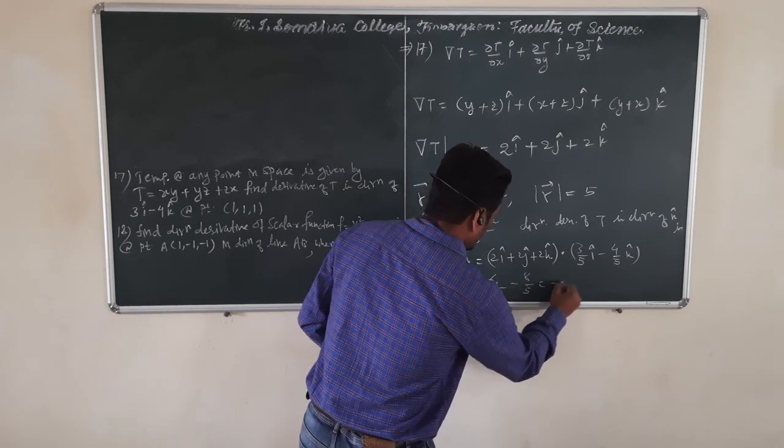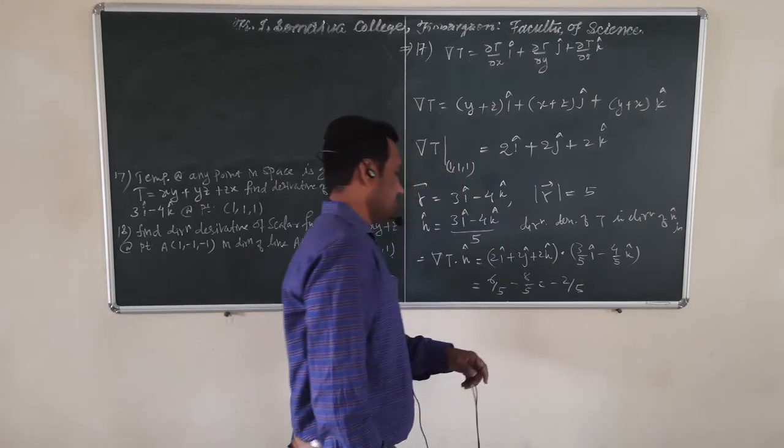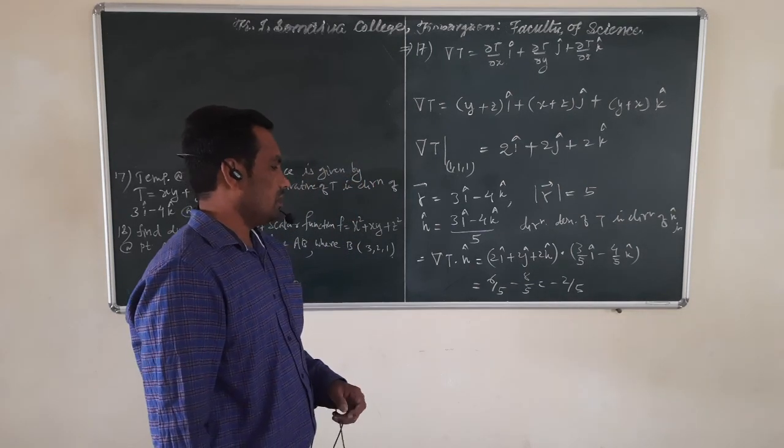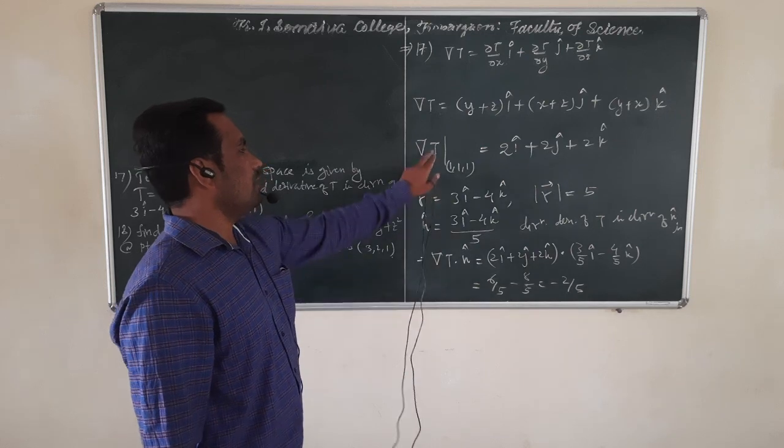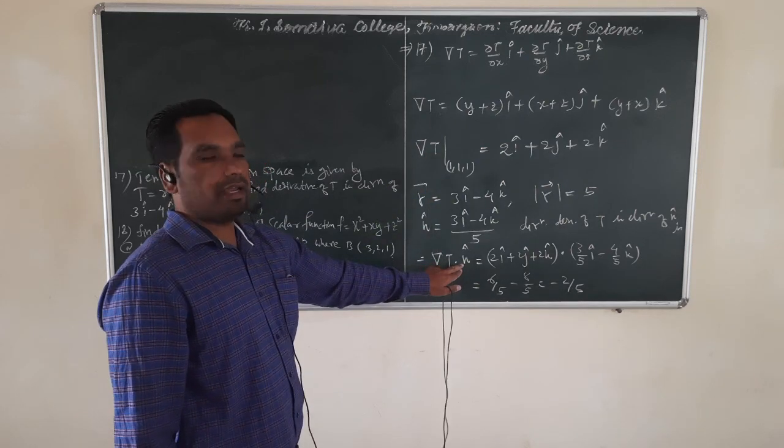So that is equal to minus 2 by 5. This is the directional derivative of t in the given direction.